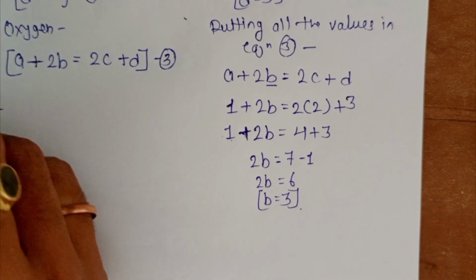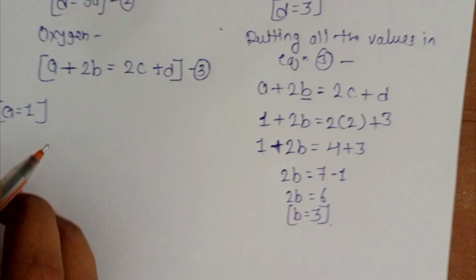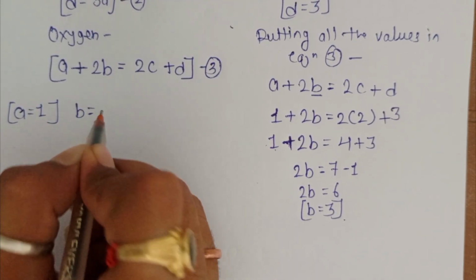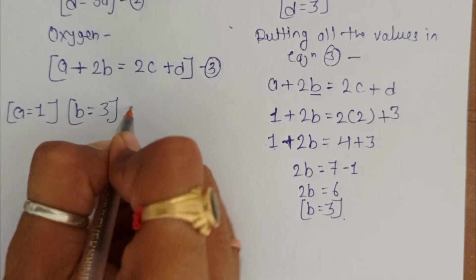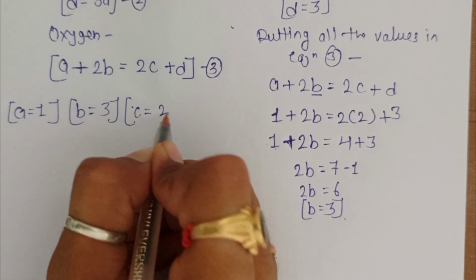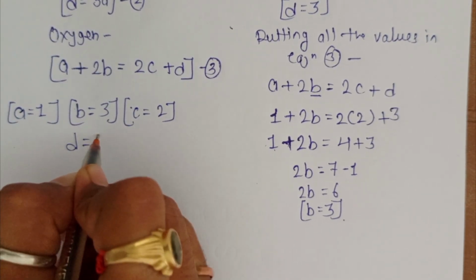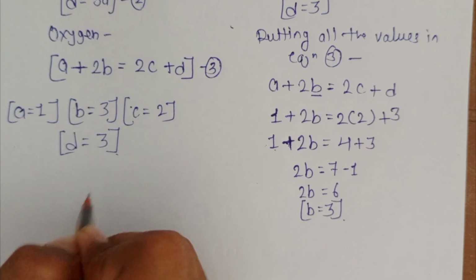A is equal to 1, B is equal to 3, C is equal to 2, and D is equal to 3.